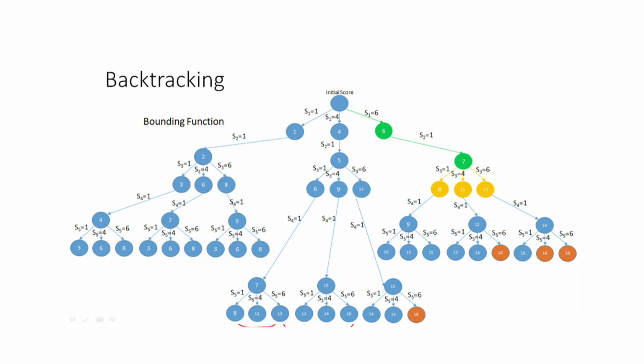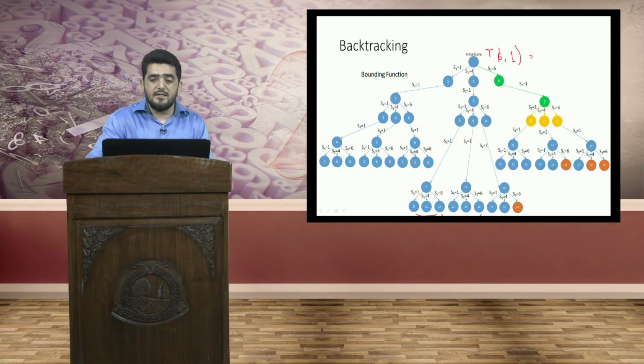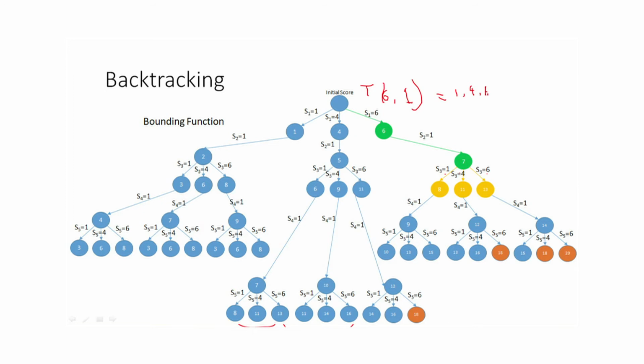For the time being, we have already explored 6 as one of the values in the partial vector, and 1 is the second value. So T of 6 and 1 is 1, 4 and 6. The possible values for the next state, with I equal to 2, so Si plus 1 would be S3, are 1, 4 and 6.